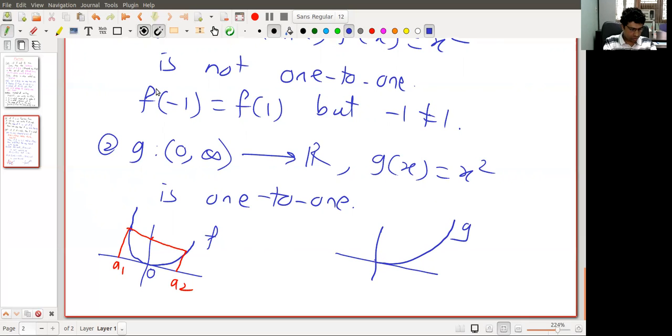The function which is 1 to 1 as well as onto is called a bijective map. It is also called a 1 to 1 correspondence.